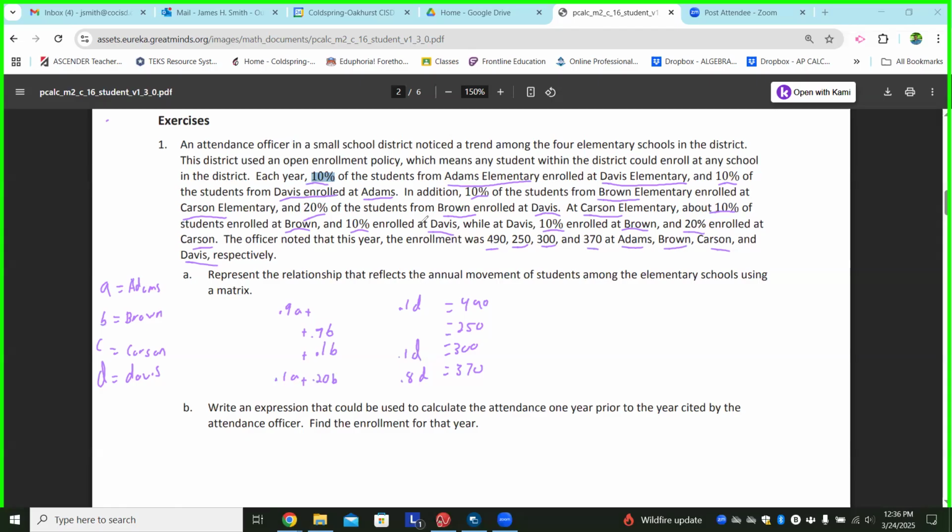About 10% of students enrolled at Brown and 10% enrolled at Davis, while at Davis. Why is that trickier in words there? So it says, so at Carson Elementary, 10% of the students enrolled at Brown.